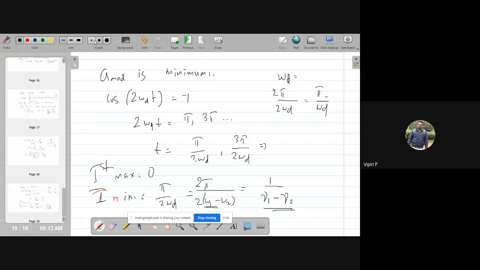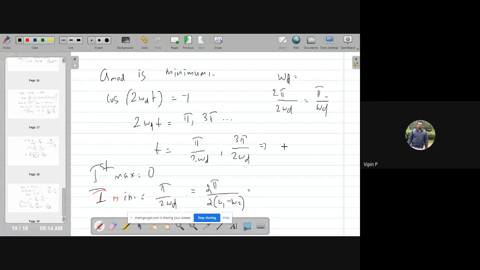Okay, wait. Let me go from the beginning. So this would be pi by 2 into omega 1 minus omega 2, which is... f is equal to omega by 2 pi.